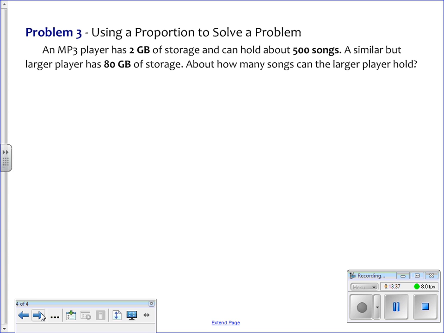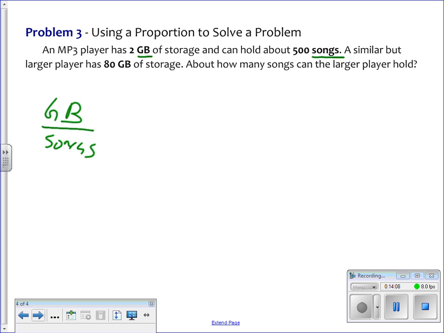First thing you do is you figure out the 2 items, not numbers, 2 items I am comparing. In this case, it's gigabytes and songs. So I set up a ratio of gigabytes to songs. And then I plug in my numbers into my proportion accordingly.